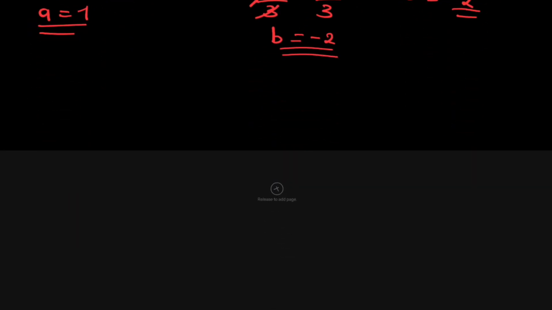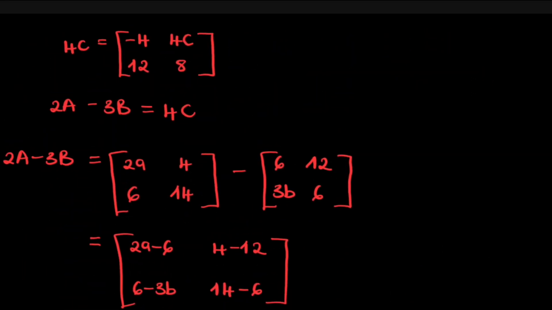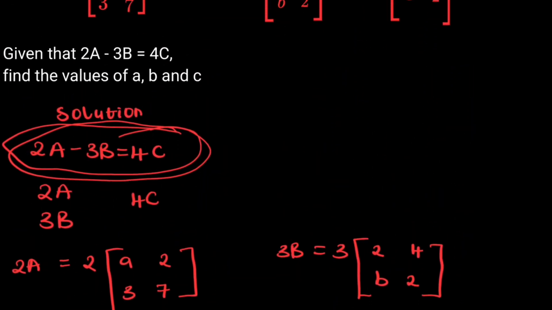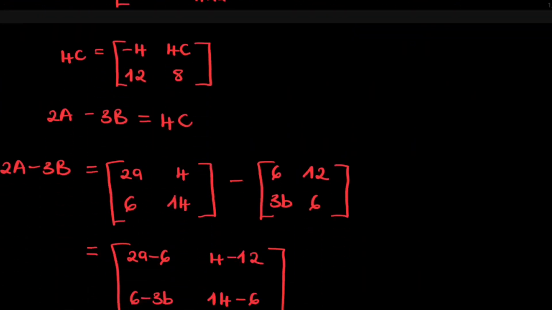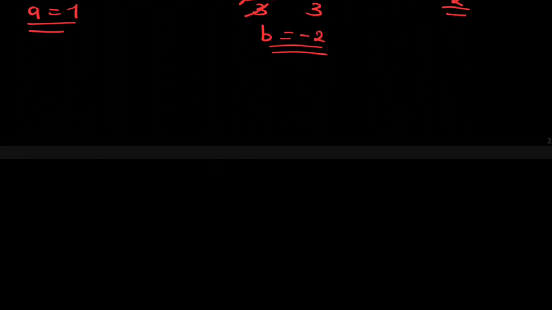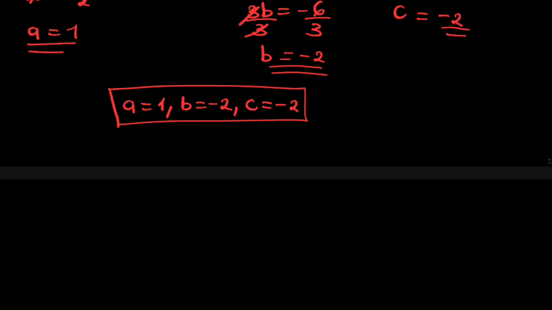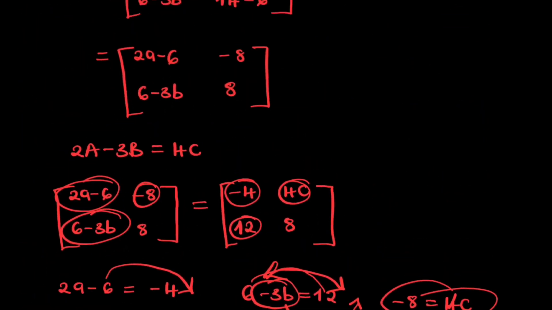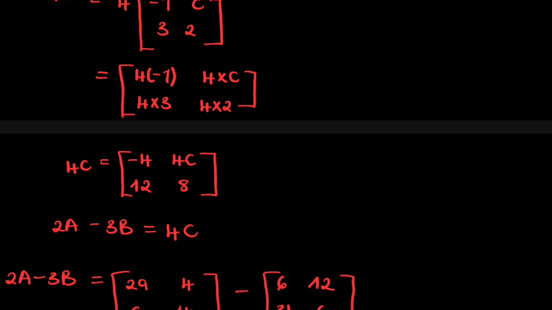So finally, we have succeeded in finding the values of a, b, and c. So we can conclude that our a is 1, our b is minus 2, and our c is also minus 2. So this is our answer, and that is how to solve this type of questions.